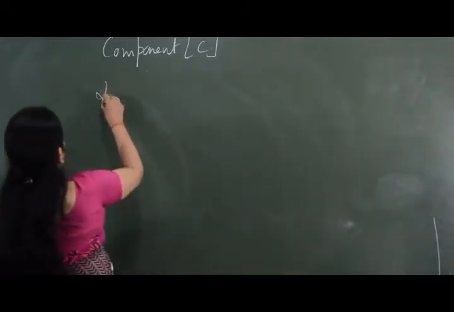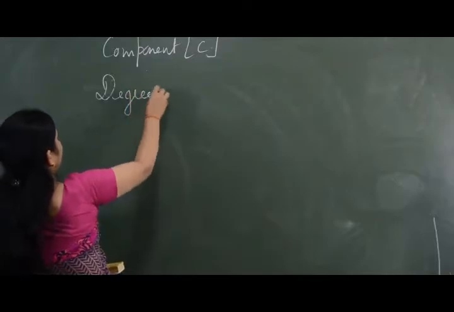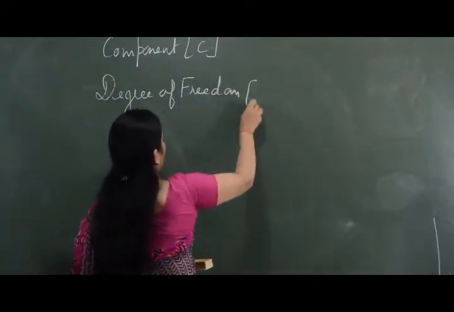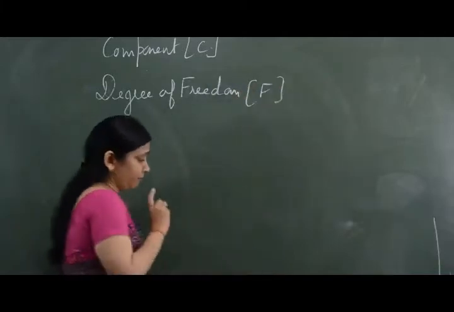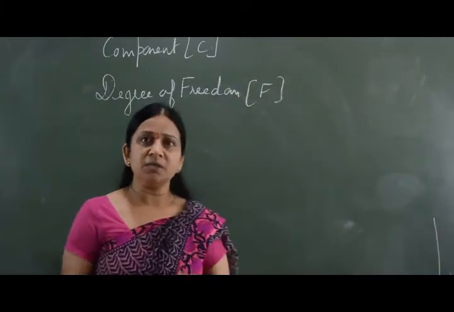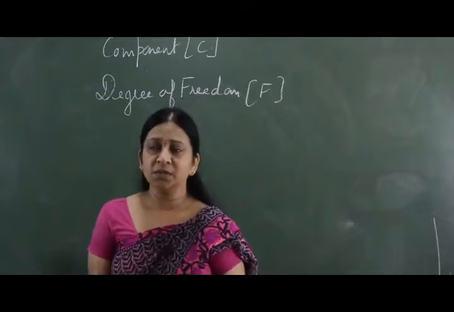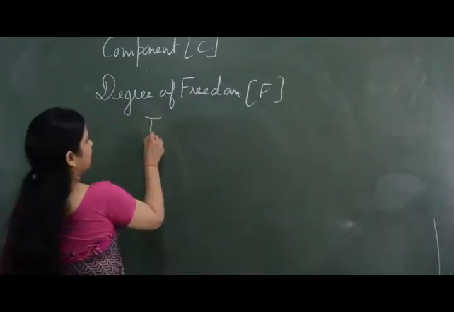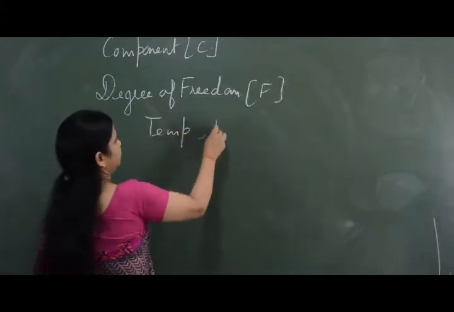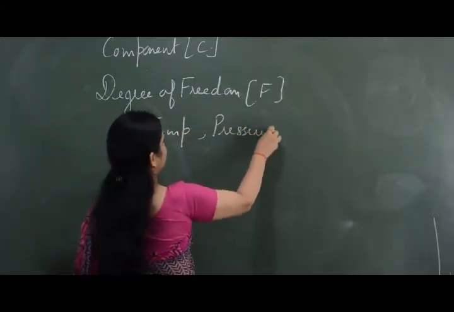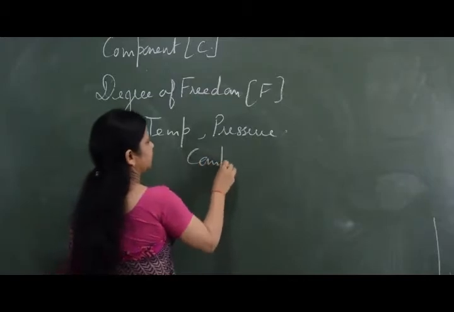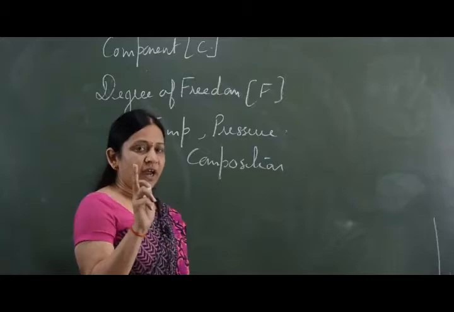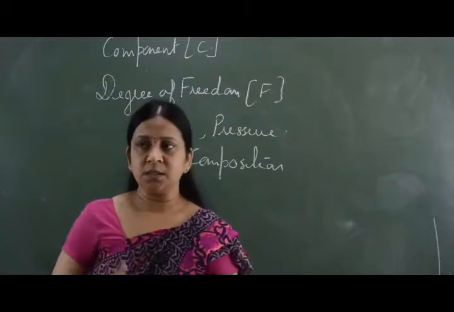Then we have degree of freedom, which is denoted by F. Now degree of freedom is the number of independent variables like temperature, pressure and composition, which must be specified in order to define a system completely.